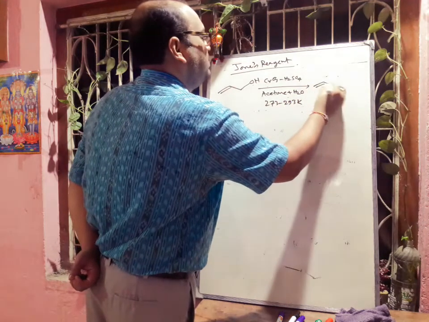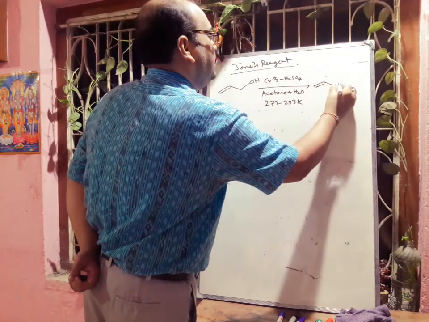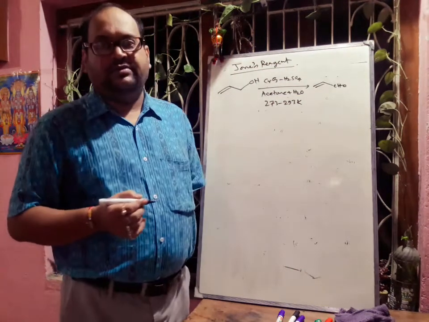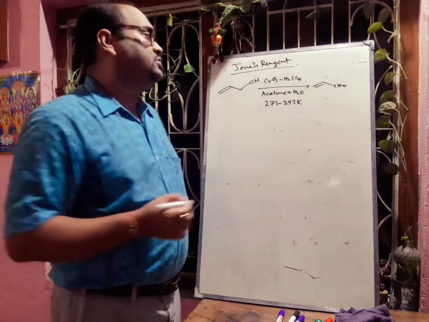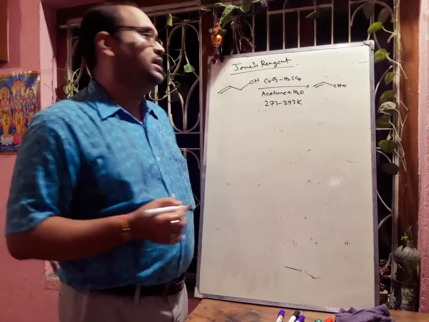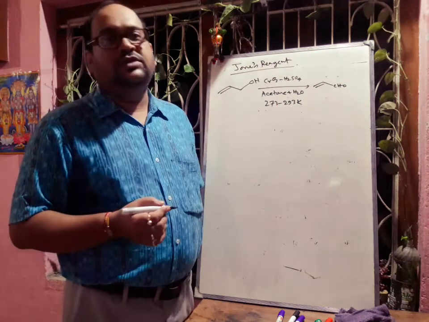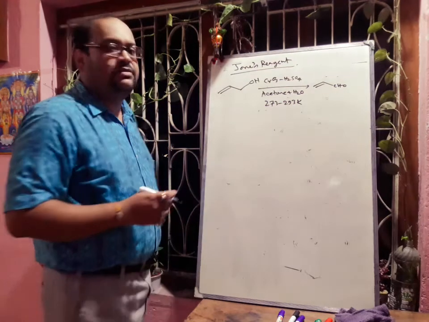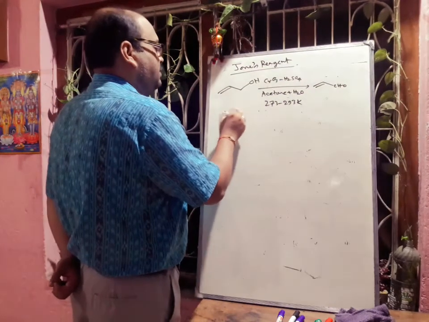Then there will be formation of acraldehyde, which is called acrolein. In this way we can use this reagent to prepare the aldehyde without affecting the carbon-carbon double bond.